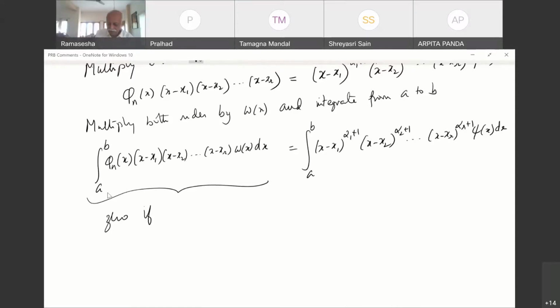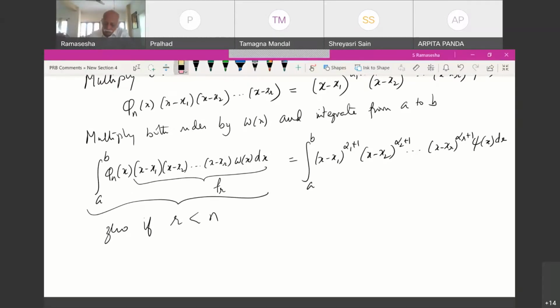Because this is a polynomial of degree r, and that has to be orthogonal. So that is a polynomial of degree r, and the integral is 0 if r is less than n, because P n is orthogonal.